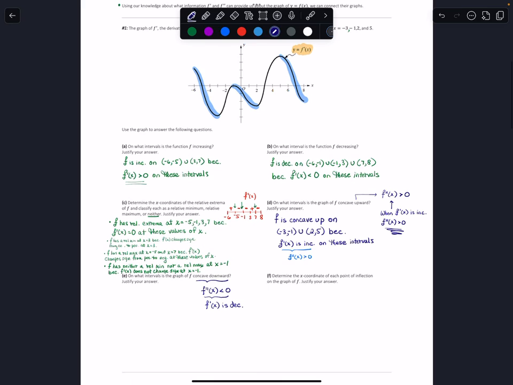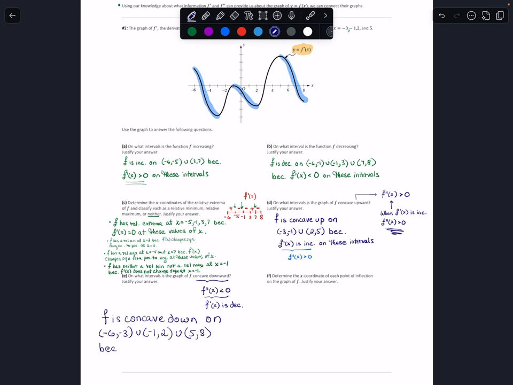So I'm going to say f is concave down on. So, where's that? -6 to -3 union, -1 over to +2 union, what, 5 to 8.